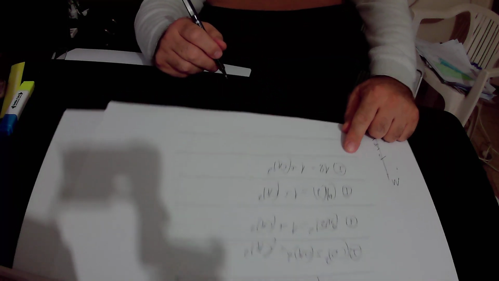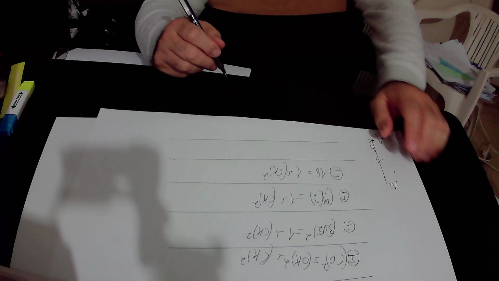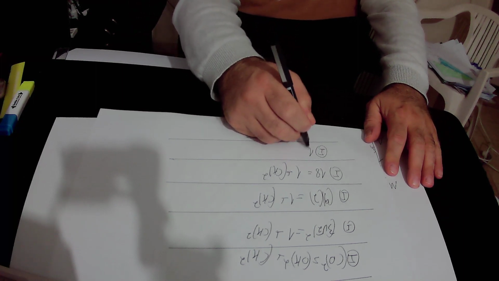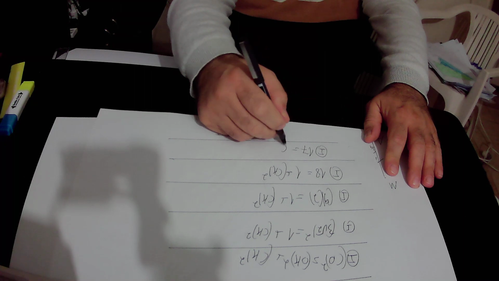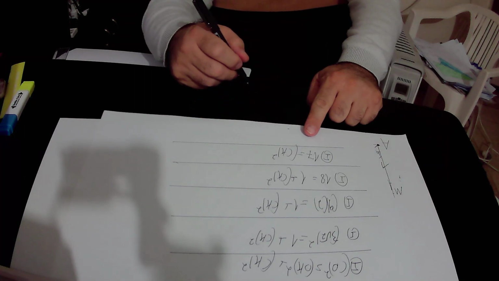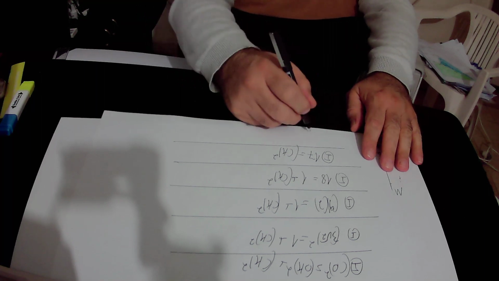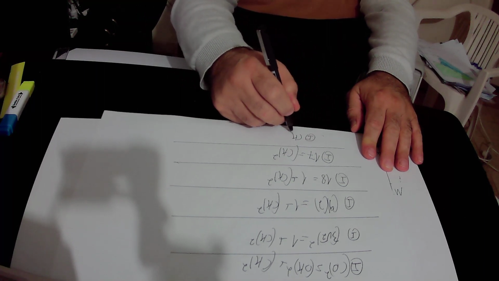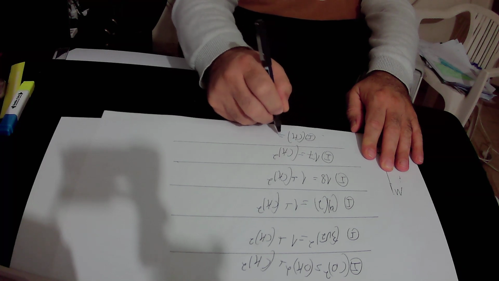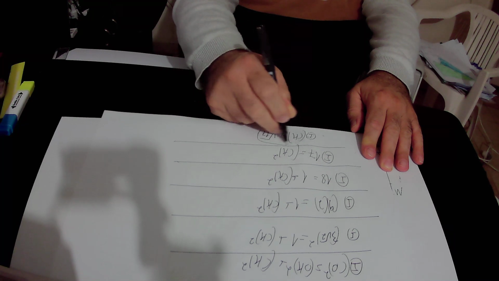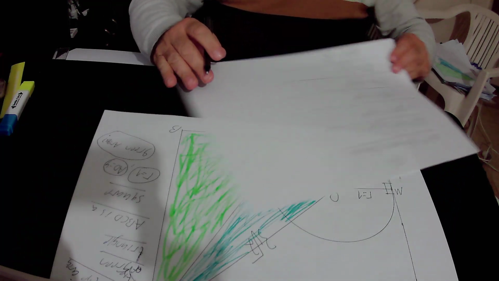Here we will subtract 1 from this equation number 1, and we get that 18 minus 1 is 17. 17 equals CK squared. Here we'll take a root out of this equation number 1, and we will get that CK, according to equation number 1, equals the square root of 17 units.